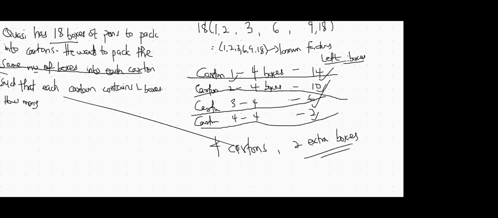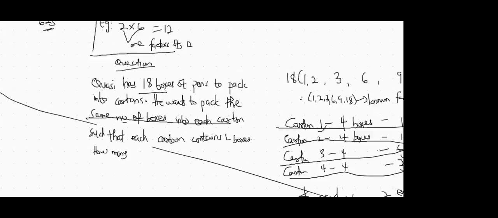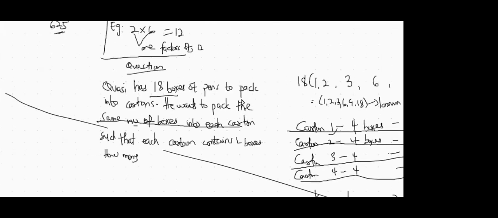I think that they are making some error there, because the point now is a half of it. The question was saying that he wants to pack the same number of boxes into each carton.